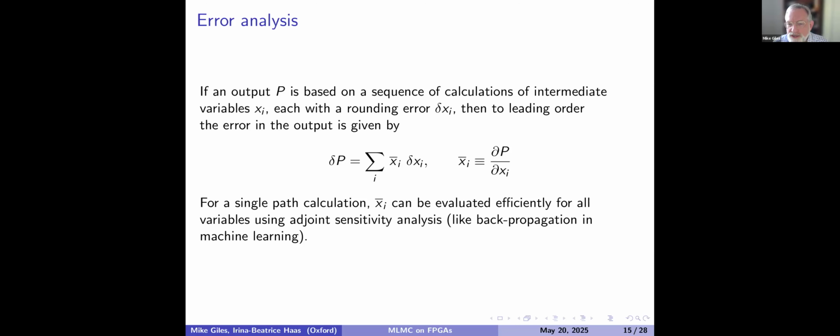So this is linked to doing backpropagation in machine learning, where you can very efficiently calculate the sensitivity of your final output quantity to a whole set of input parameters, or in this case, a whole set of rounding errors at different points in the calculation. And so with a very efficient pre-calculation, we can get representative values for these x bar sensitivities.